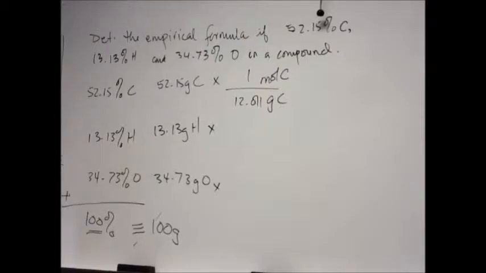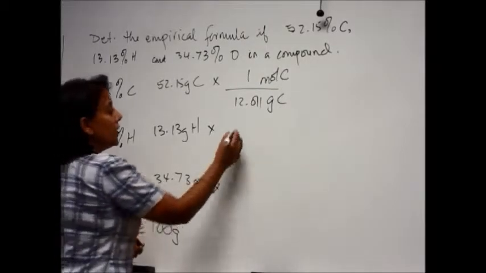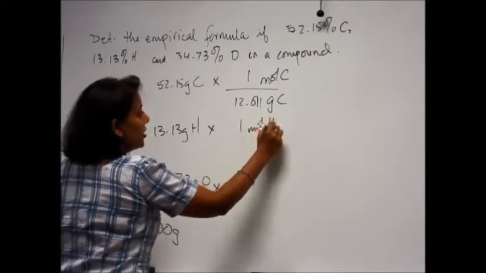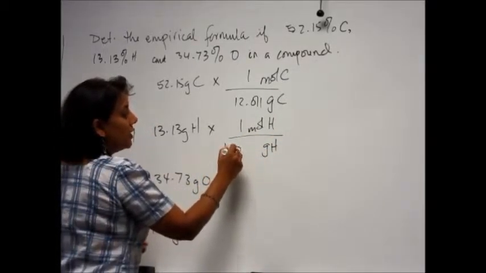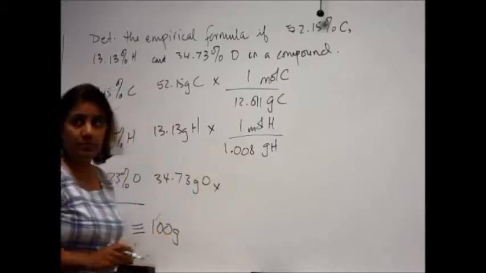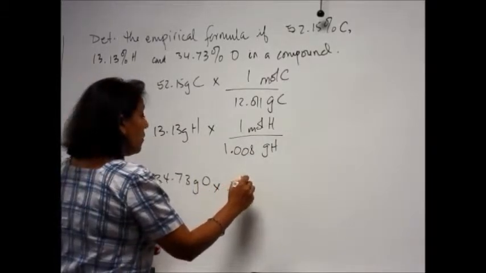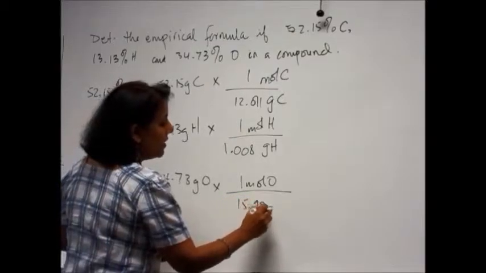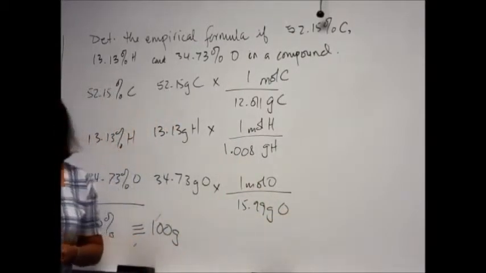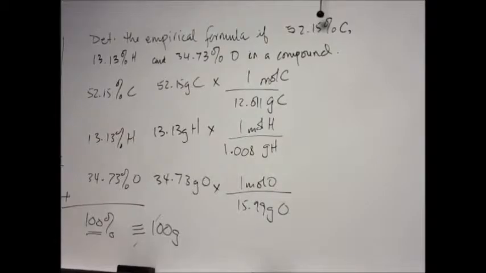That's from the periodic table. So then 1 mole of hydrogen has how many grams of hydrogen? 1.008. And then 1 mole of oxygen has 15.99 grams of oxygen. This is how you would do mole conversions also, which we're going to do a little bit more of today.